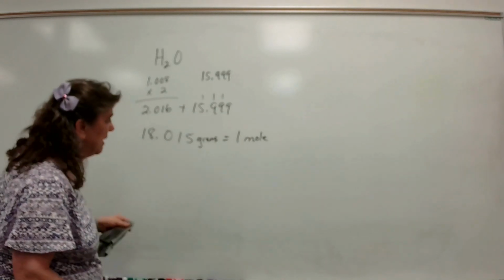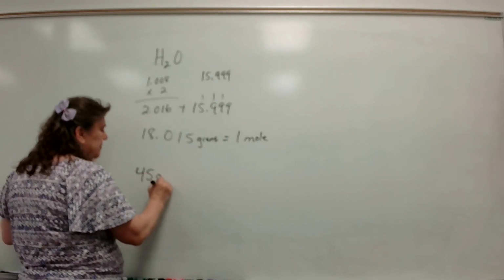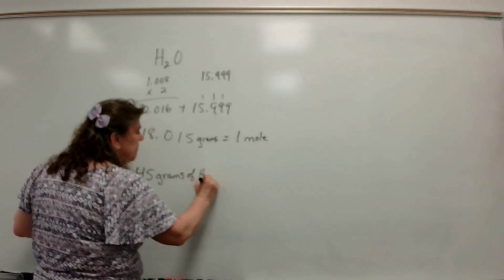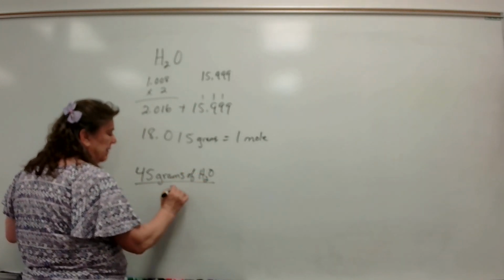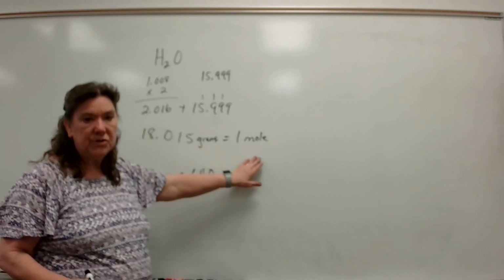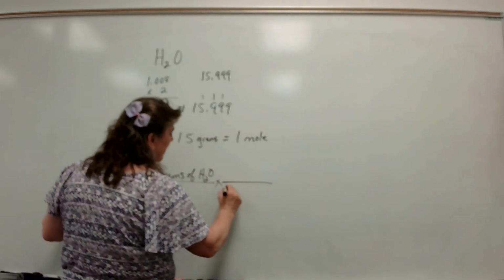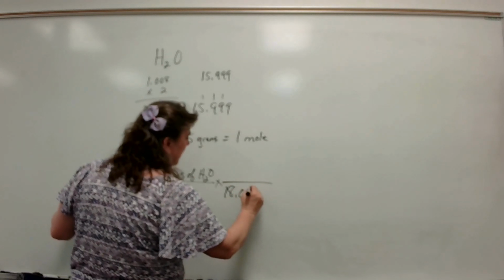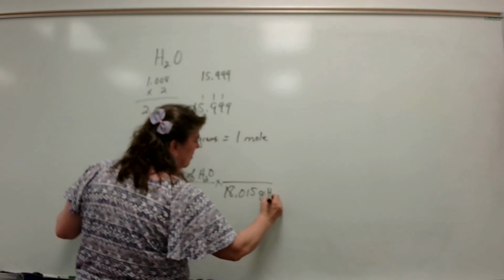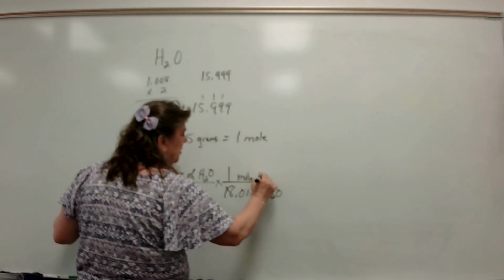That's your equivalency statement. What if I said if I have been given 45 grams of water, how many moles is that? Well, your dimensional analysis now is going to take this equivalency ratio, your equivalency, and since my grams are on the top, my grams have to go in the denominator, and I'm just going to do G and H2O, and then this is 1 mole of H2O.